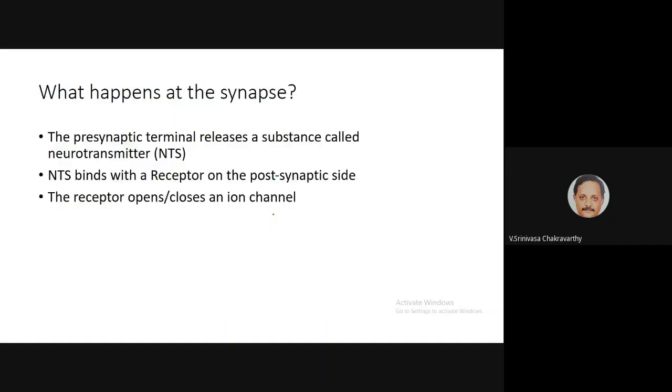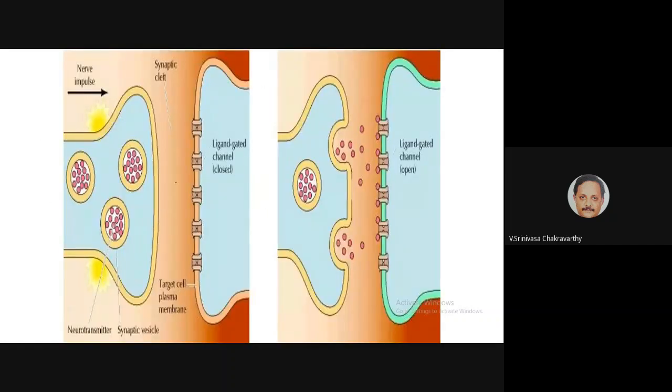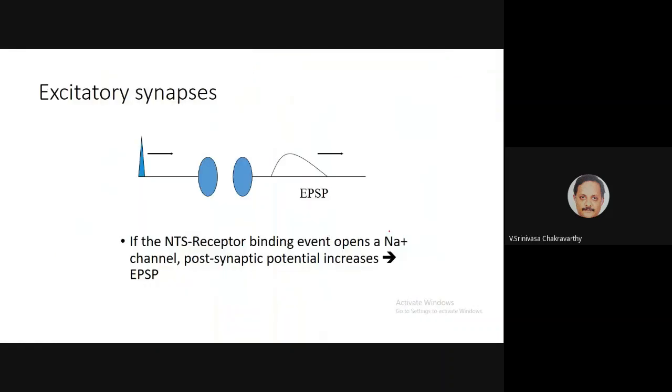And there on the postsynaptic side, these neurotransmitter molecules, which you see here, bind with receptors on the postsynaptic side. Then that binding event of the neurotransmitter and the receptor acts on an ion channel and opens it, and because of that, current flows into the postsynaptic side, and because of that, you have a PSP, right?